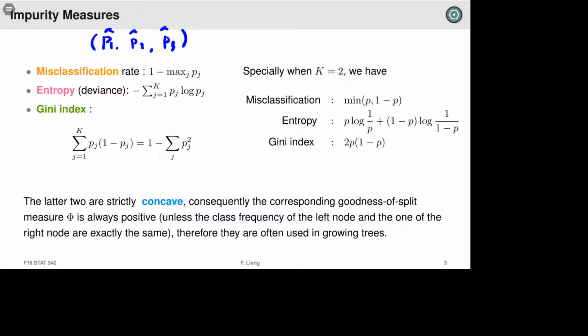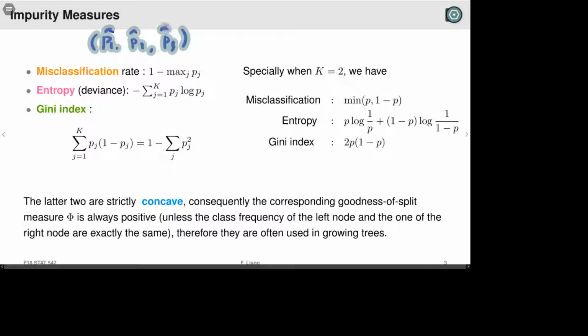So the error would be P1 plus P2, right? Because it's going to misclassify the other 2. So the misclassification rate is always equal to 1 minus the percentage of the majority group, because that's the group that got correctly classified. Okay. So let's look at whether this is a good impurity measure.